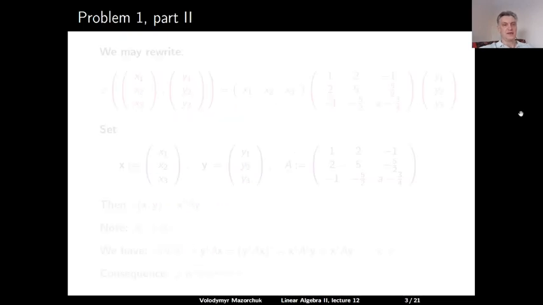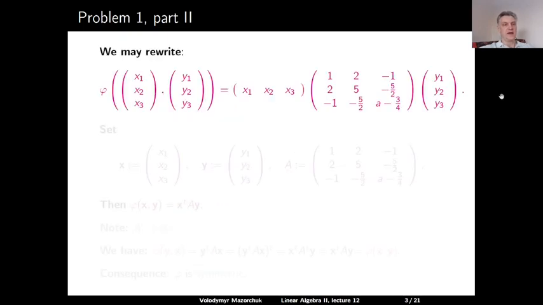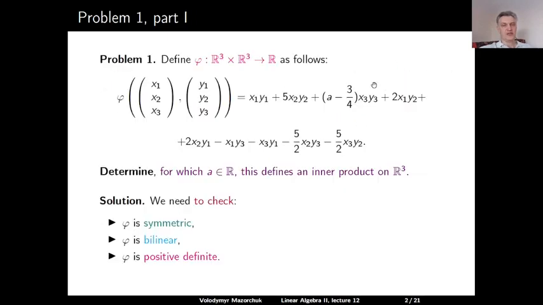So we can write that the value of phi at the pair x1, x2, x3 and y1, y2, y3 of two vectors in R3 is equal to the product of the following matrices. First, the row matrix x1, x2, x3, then the 3 times 3 matrix of the coefficients in this long formula.